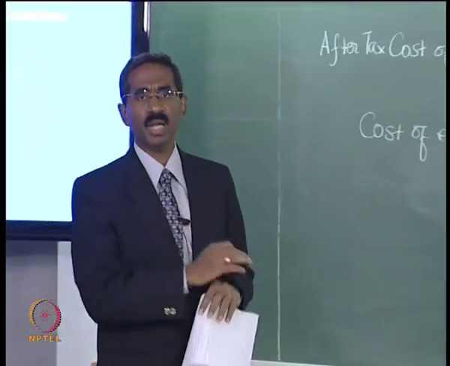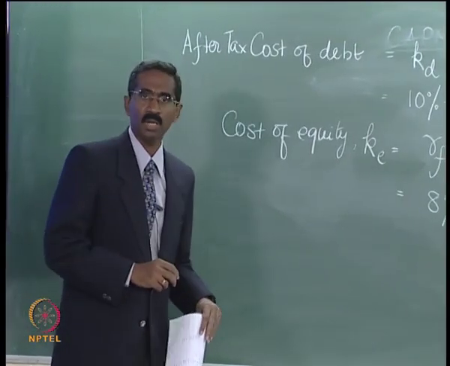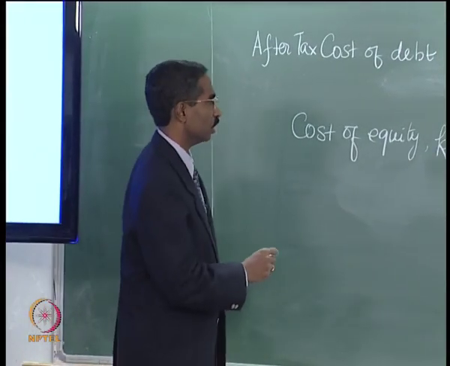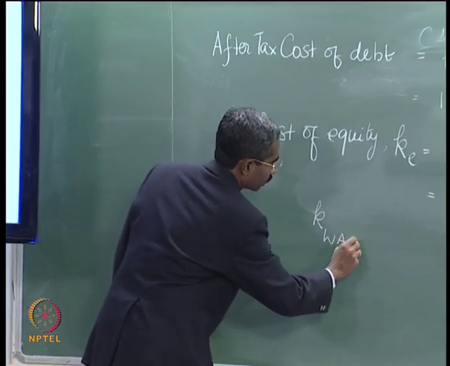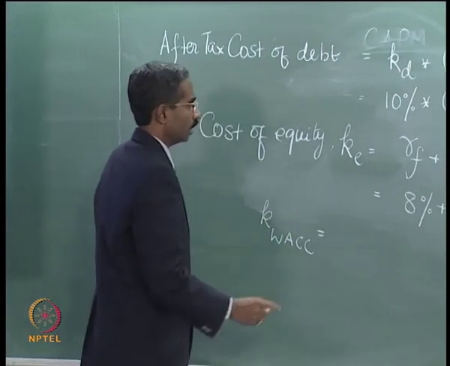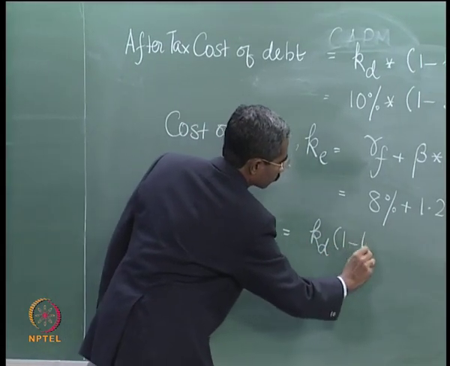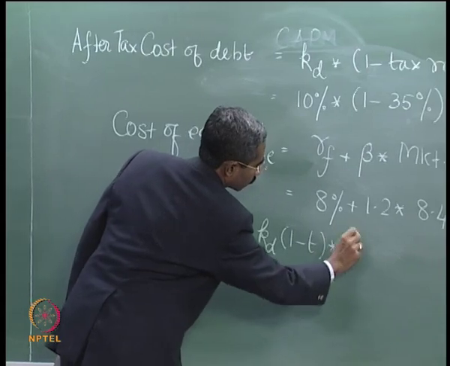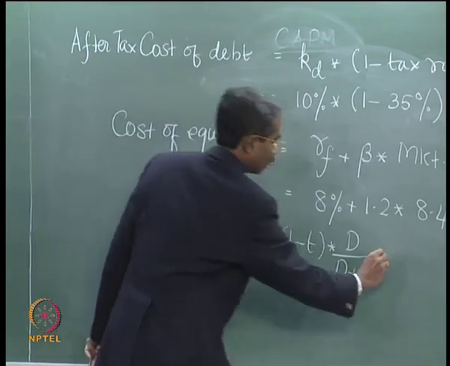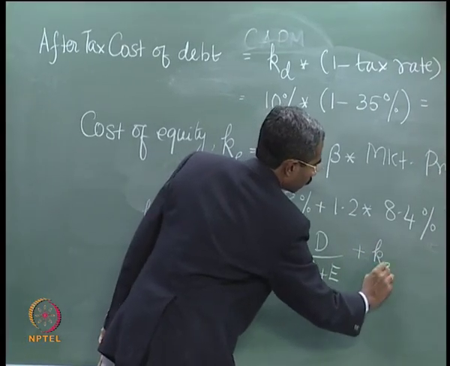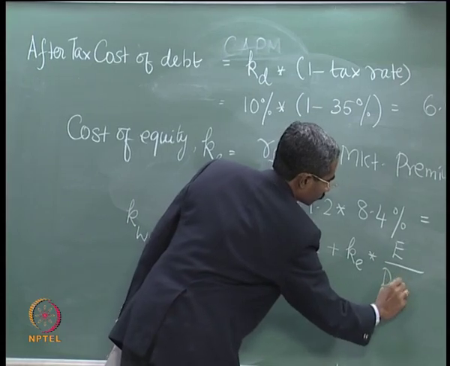Now after having obtained the cost of equity and cost of debt, we will have to find out what is your weighted average cost of capital. So weighted average cost of capital is nothing but after tax cost of debt multiplied by the proportion of debt, plus cost of equity multiplied by the proportion of equity.